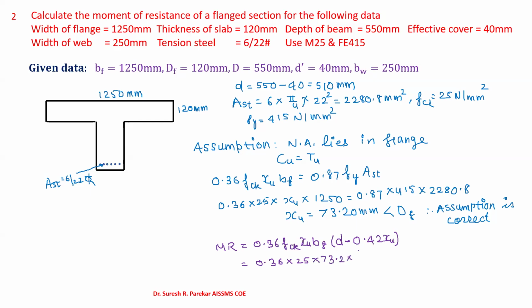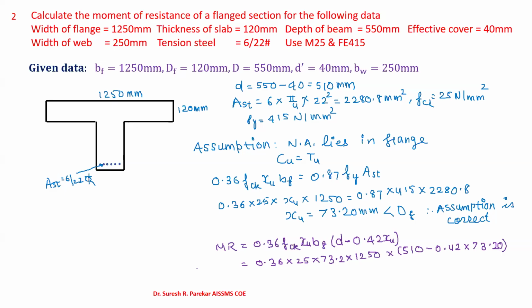73.2 BF, 1250 into D, 510 minus 0.42 and XU value is 73.20.